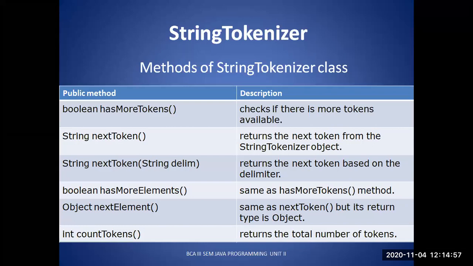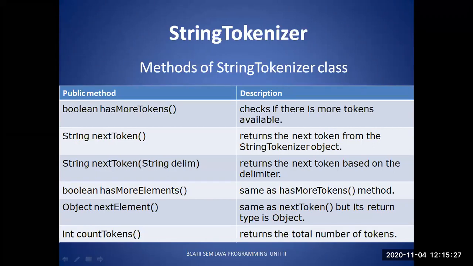Next, we have hasMoreElements. It is similar to hasMoreTokens, nothing different between them. They work the same, but some speciality is there which we will be discussing. Boolean hasMoreElements returns true or false. Next, we have Object nextElement, which is similar to the nextToken method, returning the type of object which it relates to.